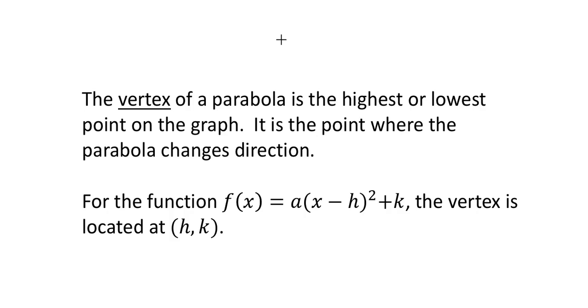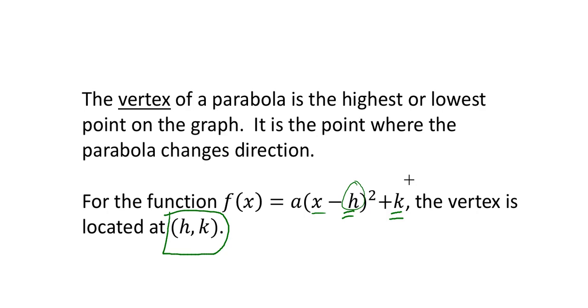For the function f of x equals a times (x minus h) squared plus k, the vertex is simply located at (h, k), which you can read directly off the equation. h is the number being subtracted directly from the x variable inside of that power of 2, and k is just the number that's being tacked on to the end of the function. You grab those two numbers, and that's how you put your vertex together.